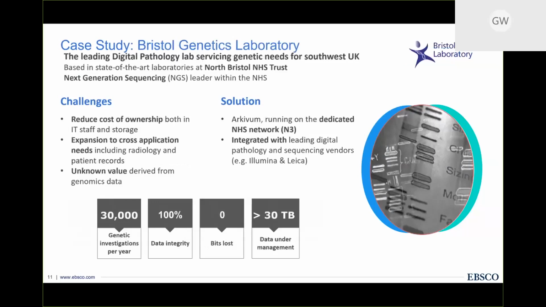Archivum was able to provide them with the flexibility to work within their own network for the storage of data, so it wasn't required to be with a certain provider for long-term storage. Additionally, the integration with their tools automated the process as the NGS data is collected and passed over to Archivum. Being able to instantly have that data accessible and located in one location was a big value for them.